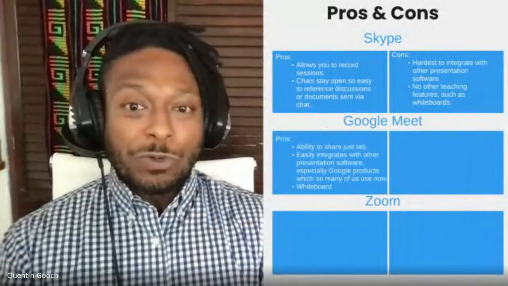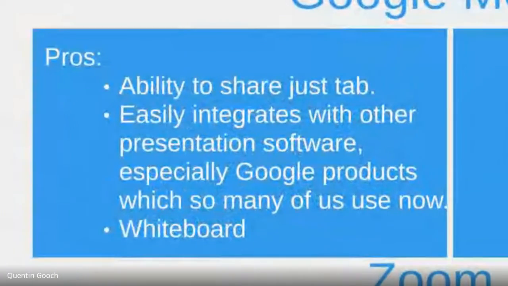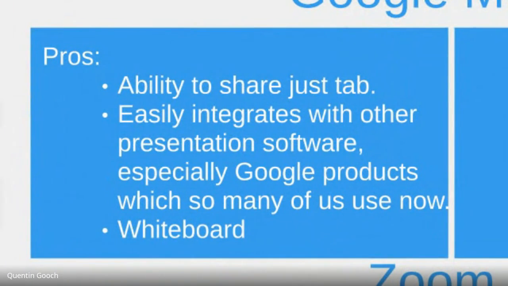All right, Google Meet. So, some pros about Google Meet is just the ability to share just a tab. Like I said, that has been so useful for me as a teacher to be able to be showing my students one tab while I'm preparing something on a different tab.